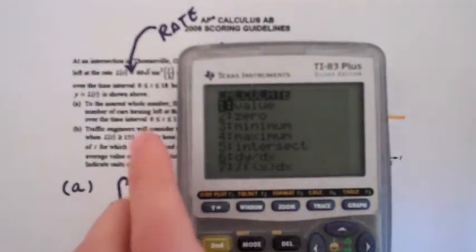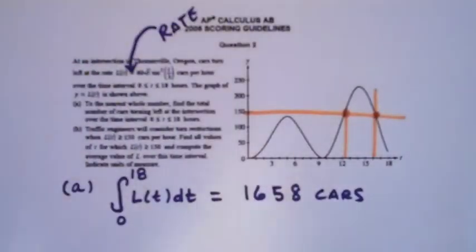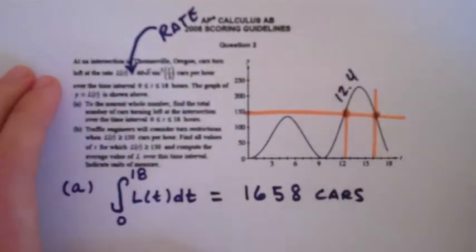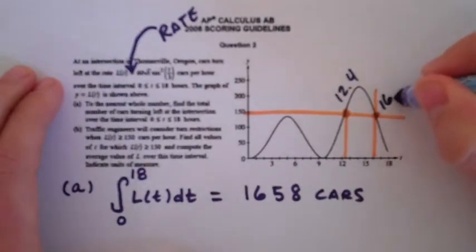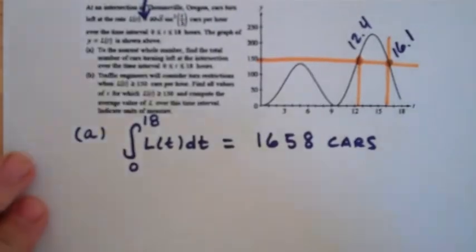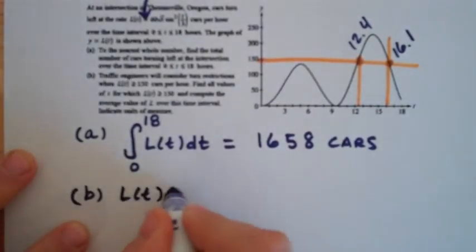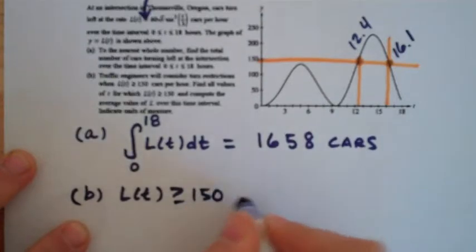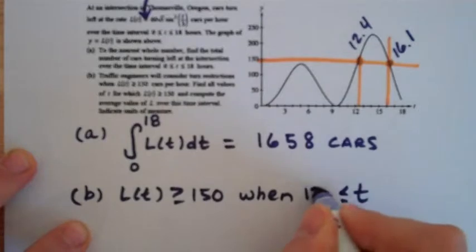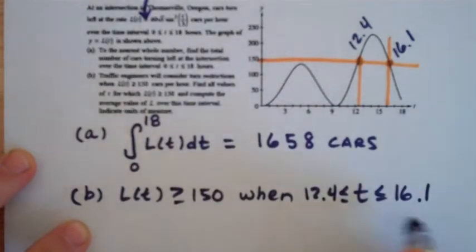When you do that, what you're going to arrive at is that our 2 intersections happen at 12.4 hours and at 16.1 hours. So for the first part of part B, our answer is that L of t is greater than or equal to 150 when t is between these 2 numbers approximately. These are not exact, by the way.